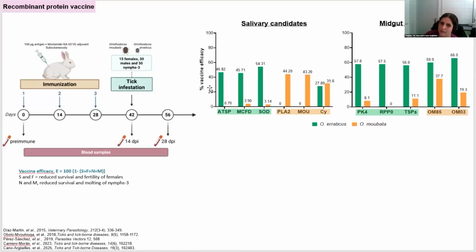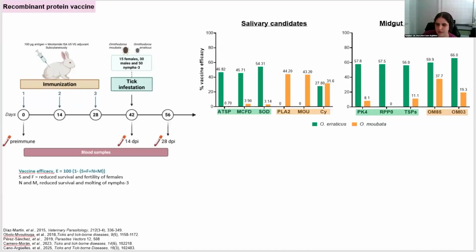This is the vaccine efficacy for each one of these antigens administered individually. As we can see here, in general, there's partial protection from these antigens in some cases, which could be good, but none of them has achieved full protection.